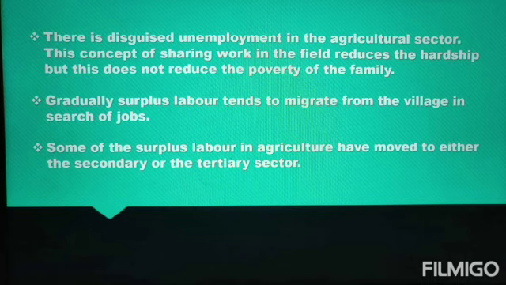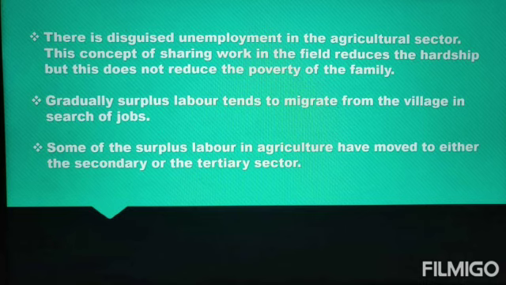But that doesn't reduce the poverty of the family, because extra people working on the field doesn't mean more income, as they are not affecting the produce. And gradually the surplus labor started migrating from villages to towns or cities in search of jobs.